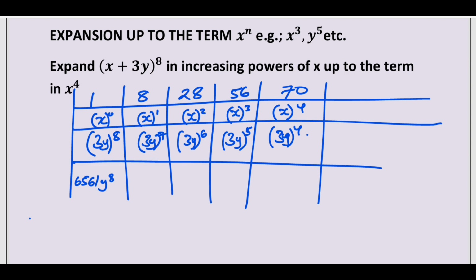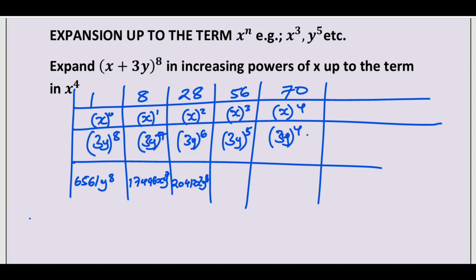We get 17,496, x y power 7. And then we move to 3 raised power 6, which is 729. Multiply this by 28. We get 20,412, x squared y power 6.